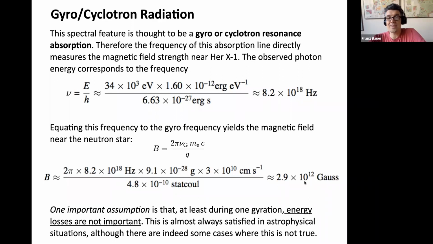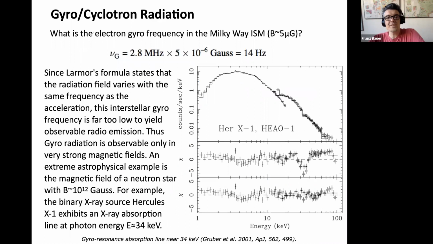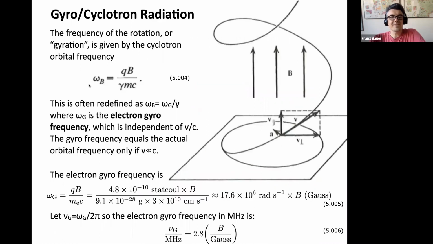That's one of the ways we can measure the magnetic field. Obviously, this is for cases where the velocity is not very fast, so the gamma term is more or less 1. If the gamma term were higher, you would have to factor that in as an extra term here, and a high gamma would increase the magnetic field.